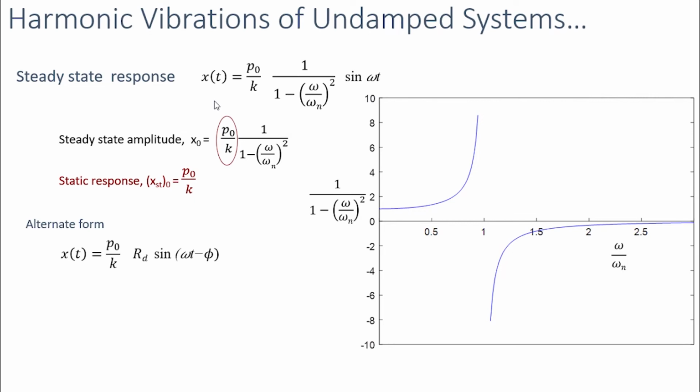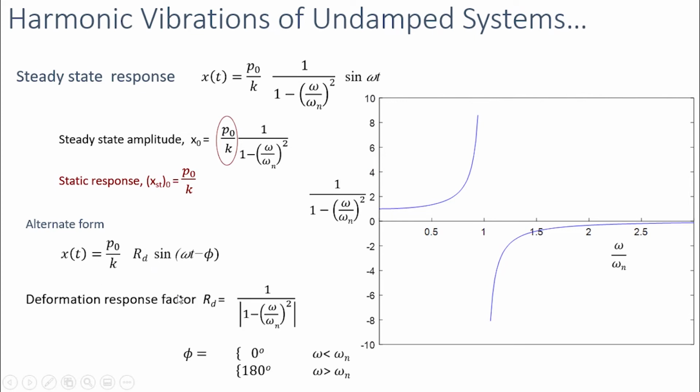Now we can represent the steady state response in an alternative form like this: P0 by K, a factor Rd, and a sine function of omega t minus phi. Phi is a phase angle. We define this factor Rd as the deformation response factor, and its value is the amplitude of this factor, that is 1 divided by the modulus of 1 minus frequency ratio square.